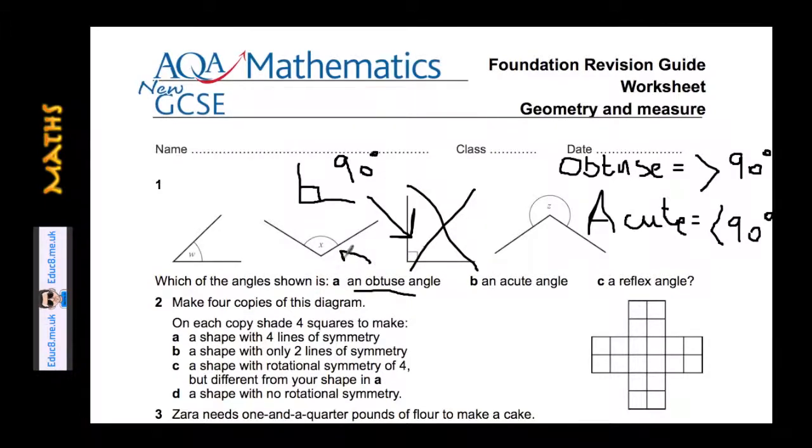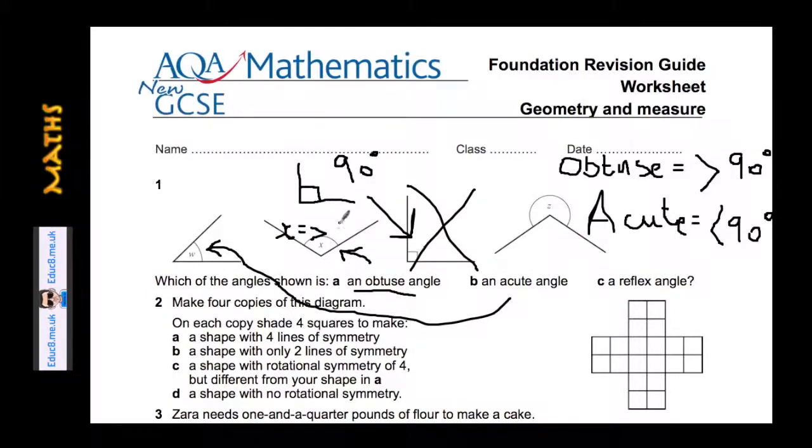If we have a look at this object here, we can see in this example, x is actually greater than 90, but less than 180, which would be a straight line. Therefore, it's the obtuse angle. This object here is less than 90 degrees, so that's the acute angle.